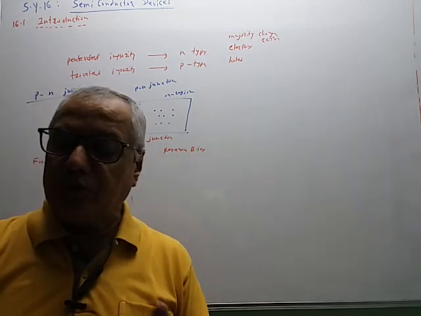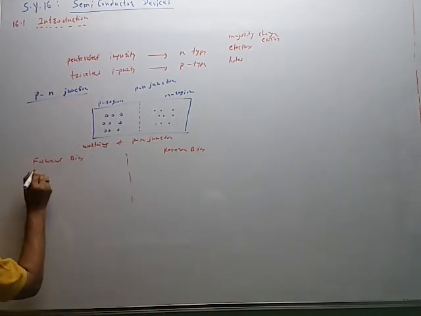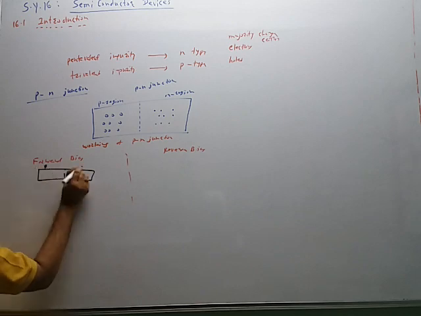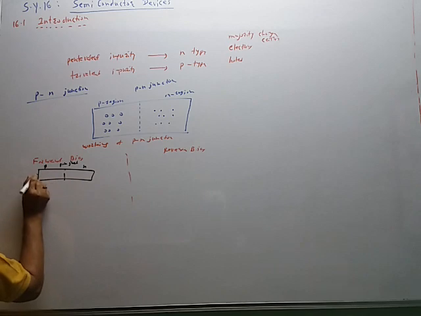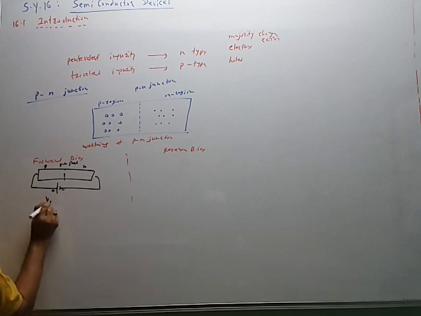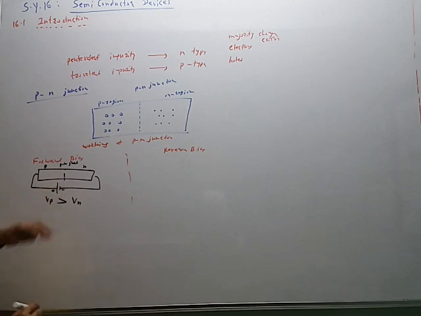So when we want to use the PN junction in forward bias, what do we do? To the P region, N region, this is the PN junction. So external battery is connected like this, positive connected to P region, negative connected to the N region. So Vp, potential of the P region, is greater than potential of the N region.